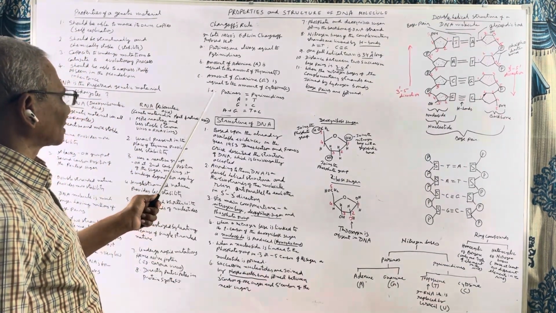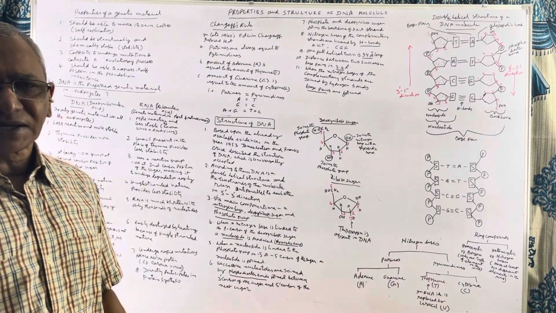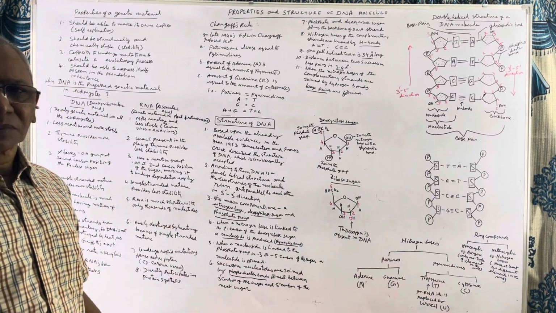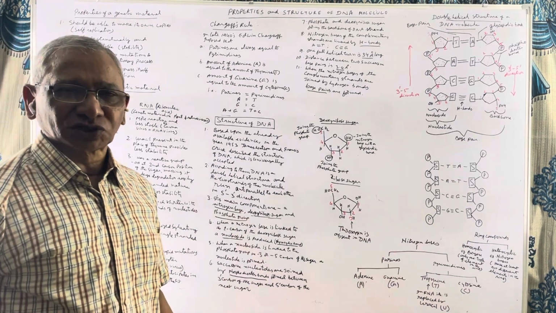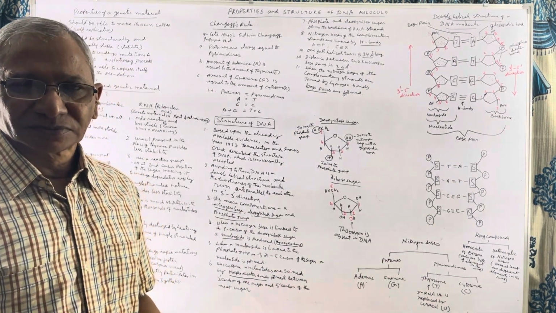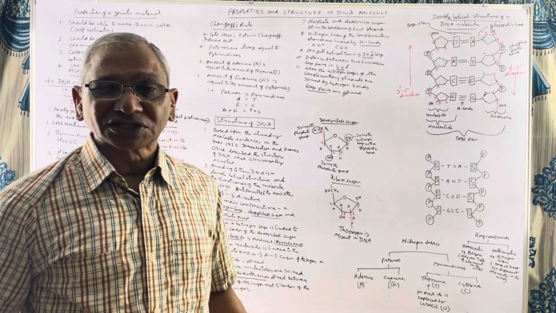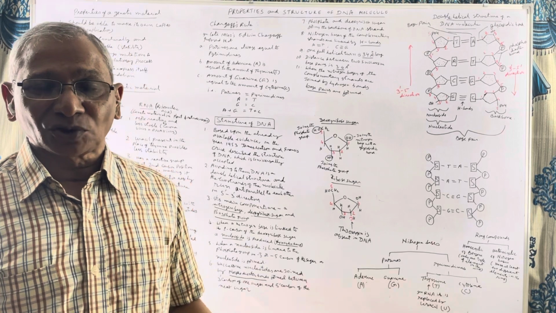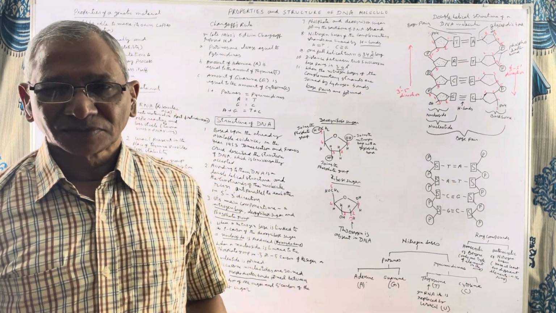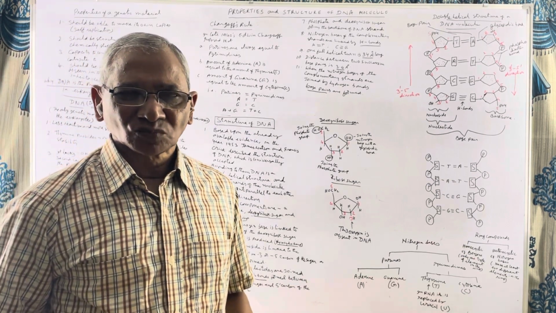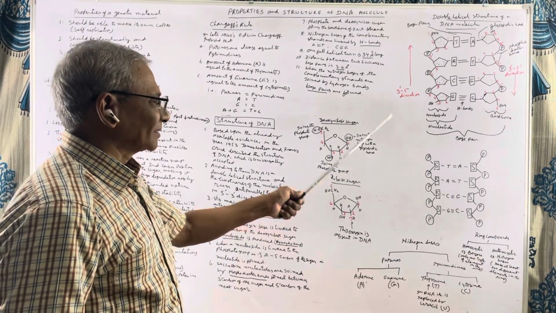So, based on the Chargaff's rule and other evidences, Watson and Crick in 1953 proposed a DNA structure which has revolutionized the molecular biology, and a number of new branches came into existence. Now we are hearing frequently about biotechnology, genetic engineering, DNA fingerprinting, etc. All these have roots in the structure of DNA.